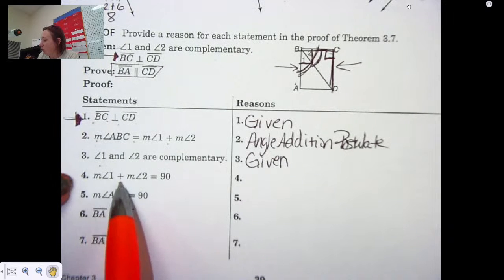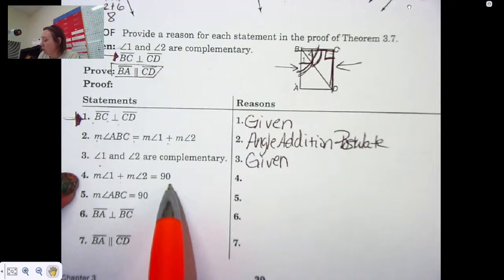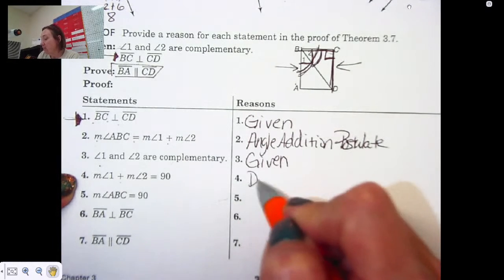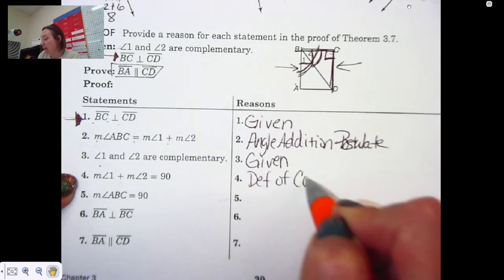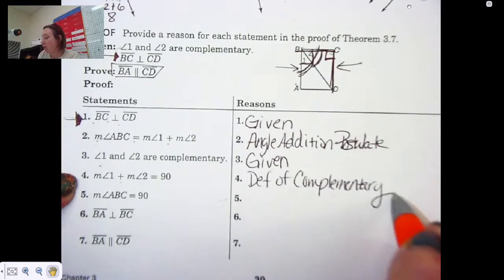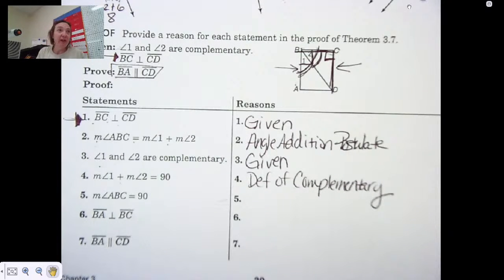So the measure of angle 1 plus the measure of angle 2 equals 90 degrees. How do we know that? Because they're complementary. So our reason here is definition of complementary angles. Because we know they are complementary, we know that they add up to 90 degrees. Do y'all see how that works?